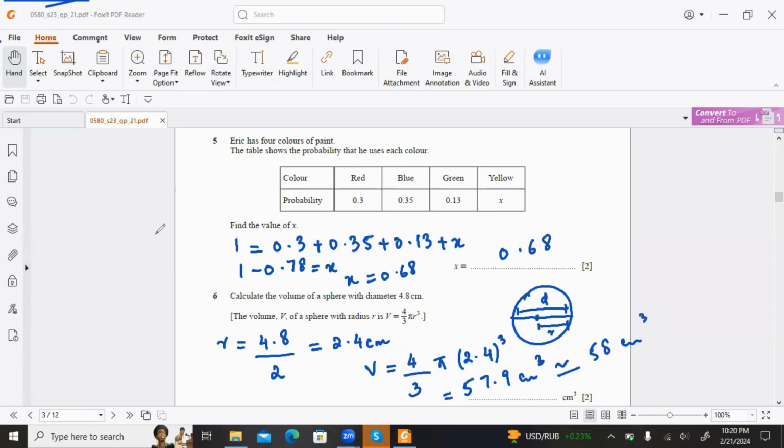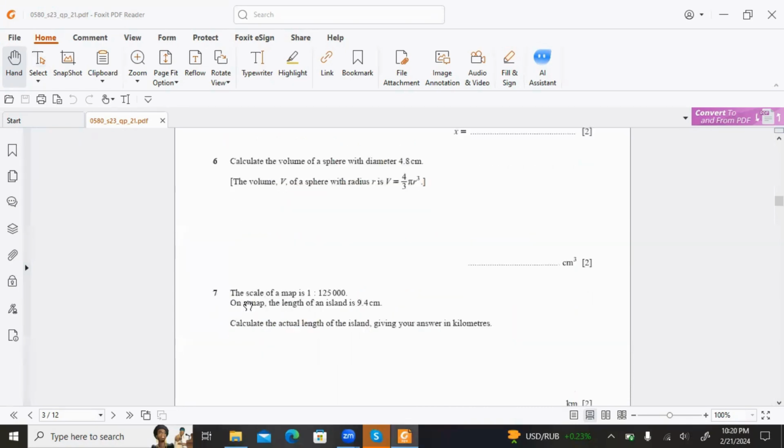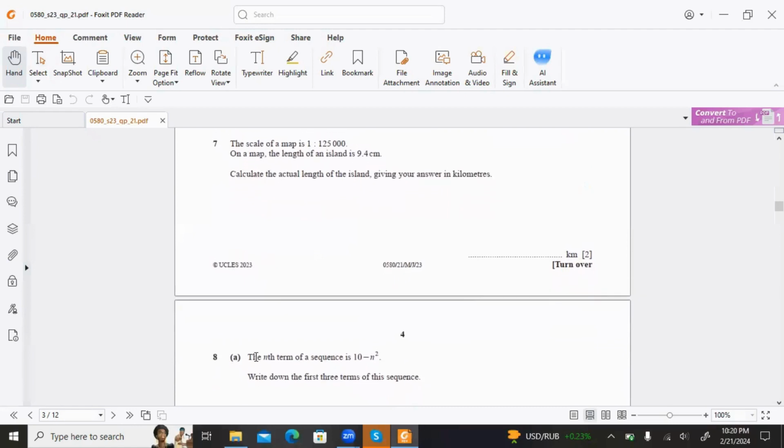Okay, then question 7 says the scale of a map is 1:125,000. On a map, the length of an island is 9.4 centimeters. Calculate the actual length of the island, giving the answer in kilometers. So first thing first, we know that 1 kilometer equals 1,000 meters.